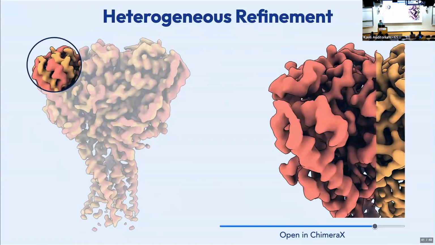Class similarity is a parameter we haven't really talked about yet. In ab initio and 3D classification, there's something called class similarity, which is a way of handling this problem of class collapse, where all the particles go to one class.